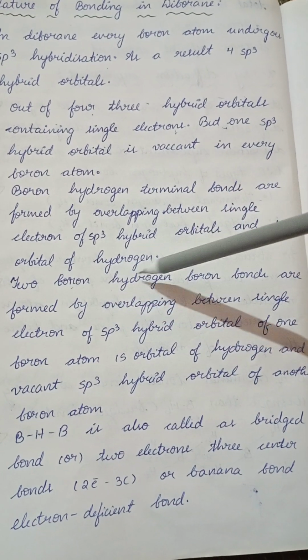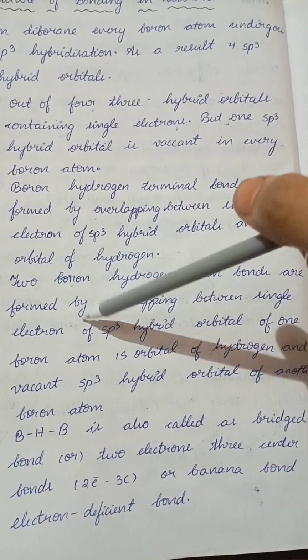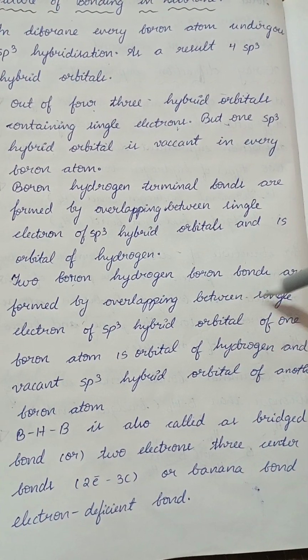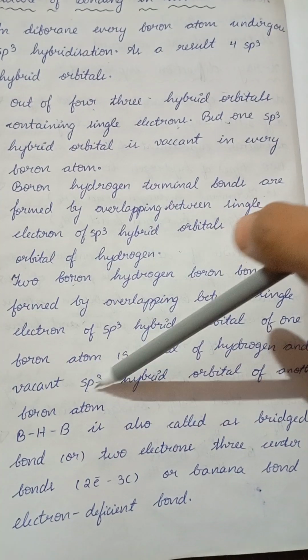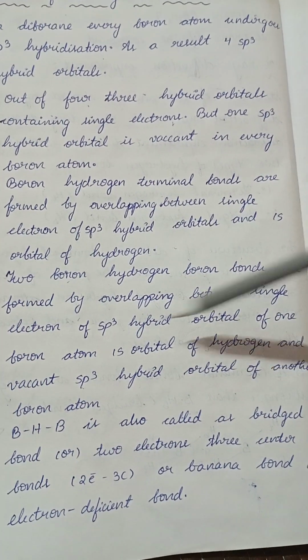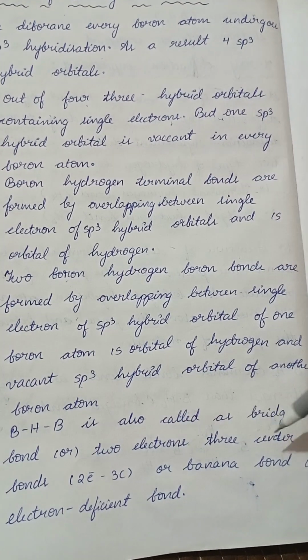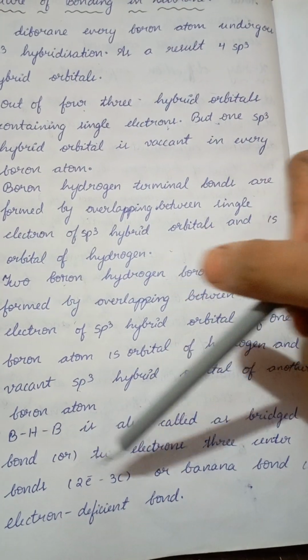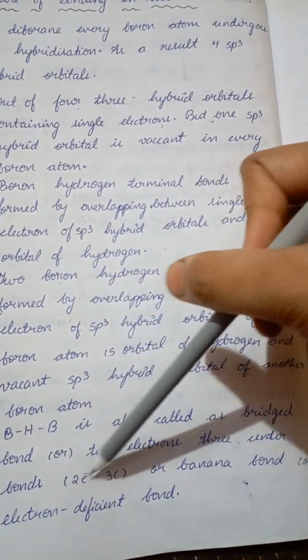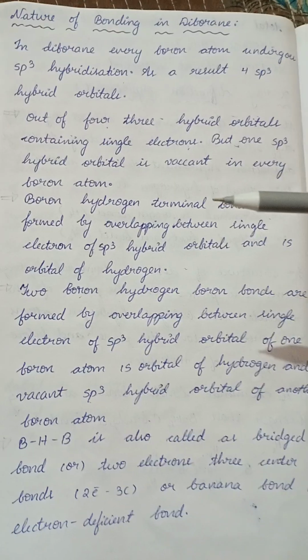Two boron hydrogen boron bonds are formed by overlapping between single electron of sp3 hybrid orbital of one boron atom, 1s orbital of hydrogen, and vacant sp3 hybrid orbital of another boron atom. So this BHB is also called bridged bond or two electrons three centered bond or banana bond or electron deficient bond. It is also known as tau bond.